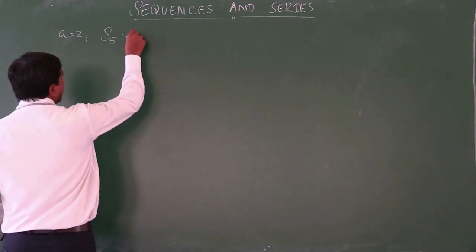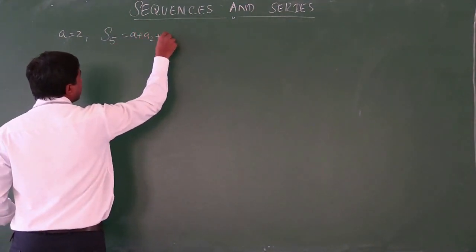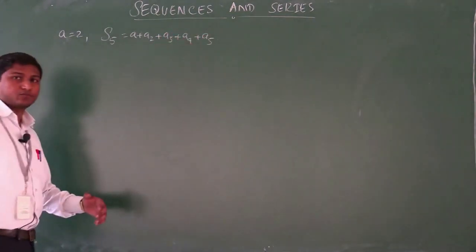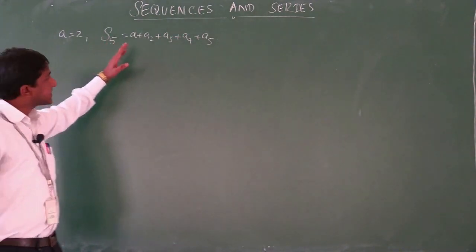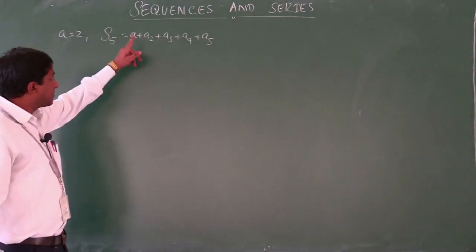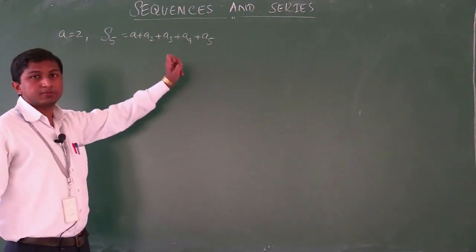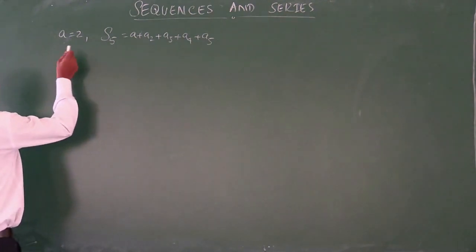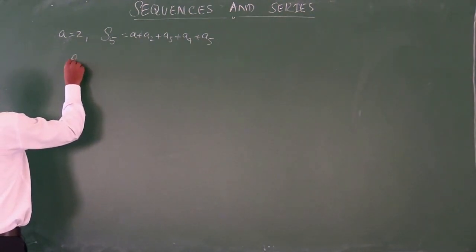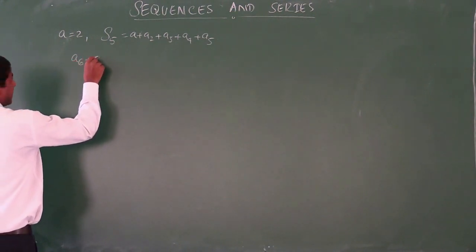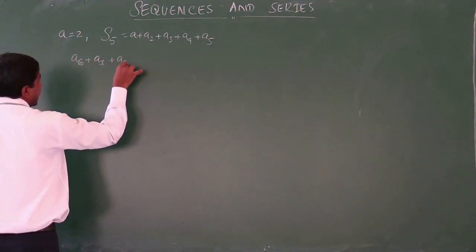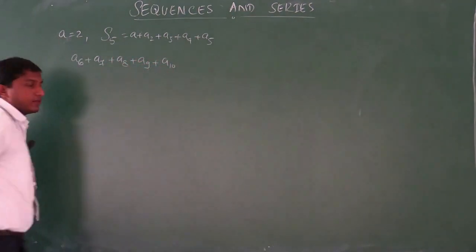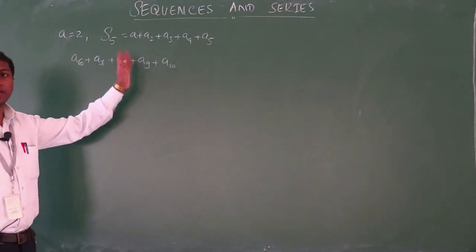The sum of next 5 terms is a6 plus a7 plus a8 plus a9 plus a10, right? So this is the sum of next 5 terms.